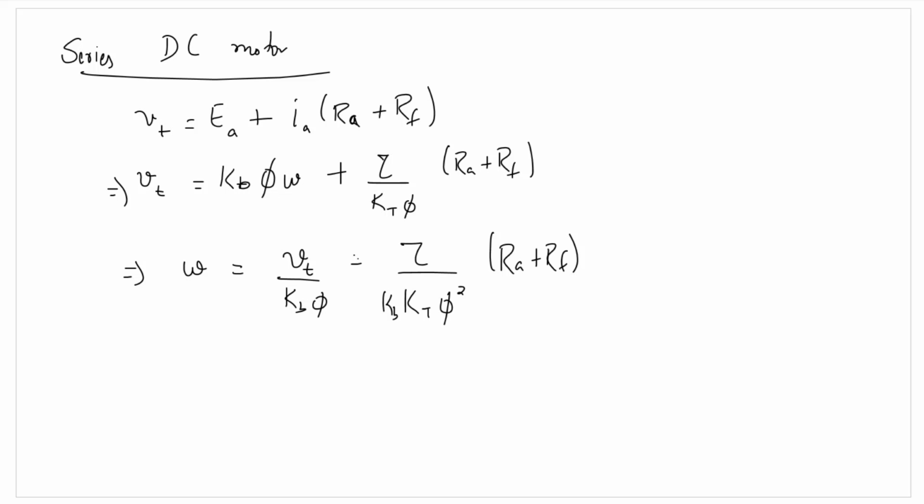As opposed to the case of a DC generator, here we do not need the field winding to produce Vt. Vt will already be established in this circuit. Vt is the applied voltage in case of a DC motor.